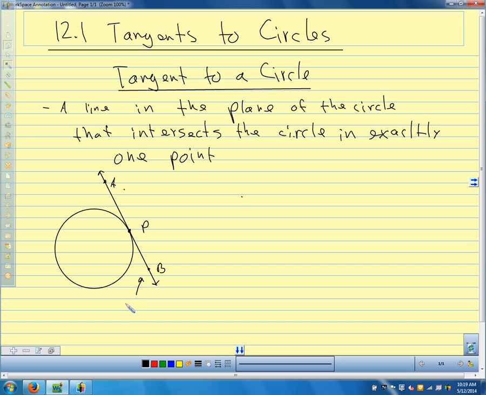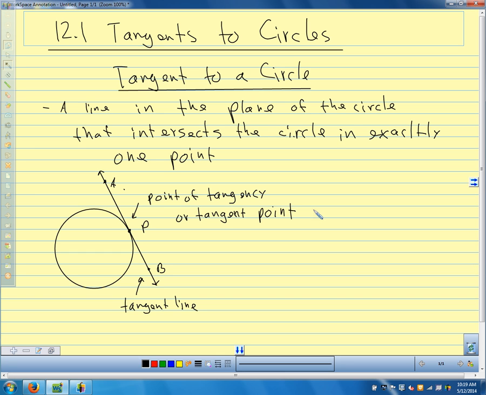So this is the tangent line. We could have a tangent segment, we could have a tangent ray, we could have a tangent line. And this point P we call the point of tangency, or the tangent point. So the line comes just close enough to the circle to touch it in exactly one place.